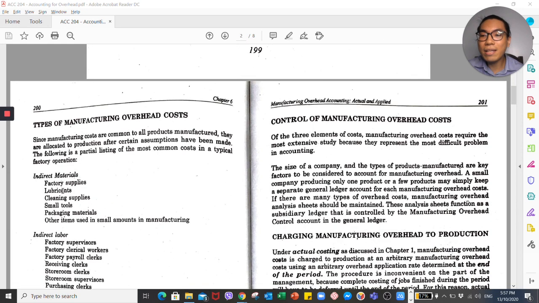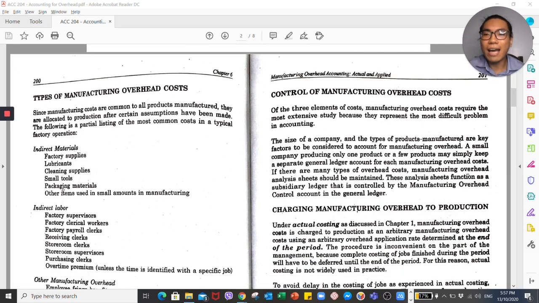To start, allow me to recall: what is manufacturing overhead costs? I'm pretty sure you're very familiar with the concept, that these are our indirect labor and indirect material costs, which could not be directly traceable to a certain job.